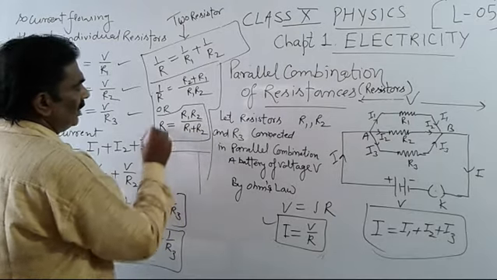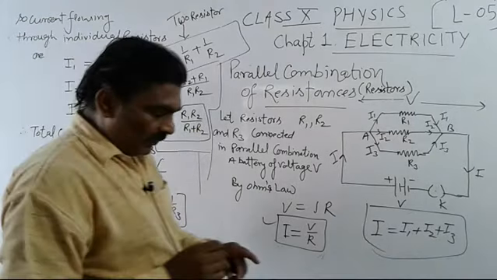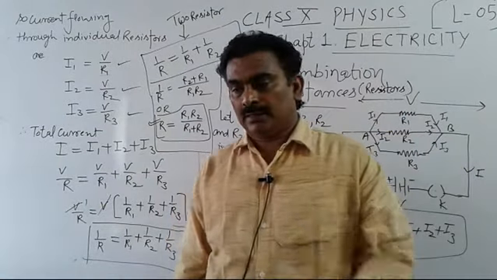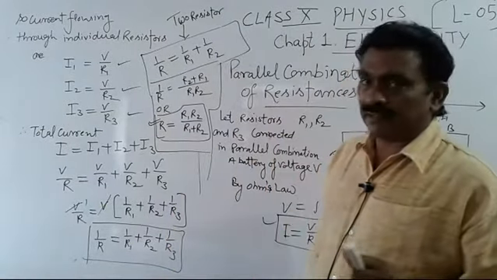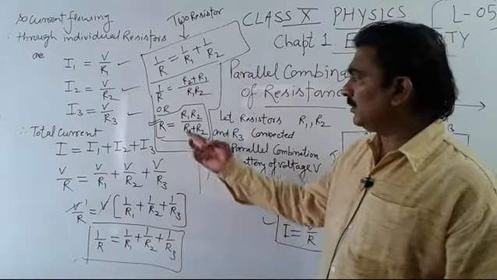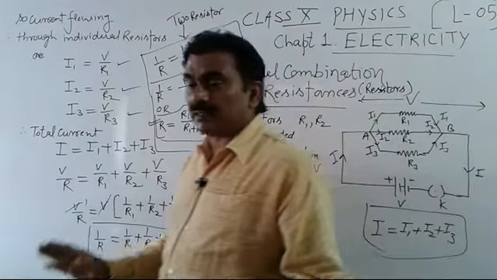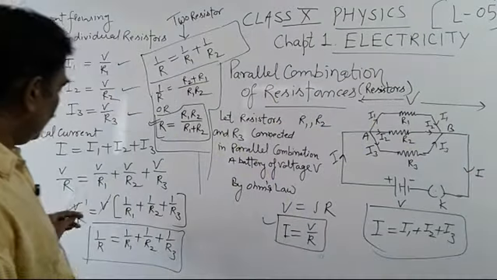This formula you can use when two resistors are connected in parallel, to find the equivalent resistance directly. Otherwise, if there are three resistors, then we will use the earlier formula.